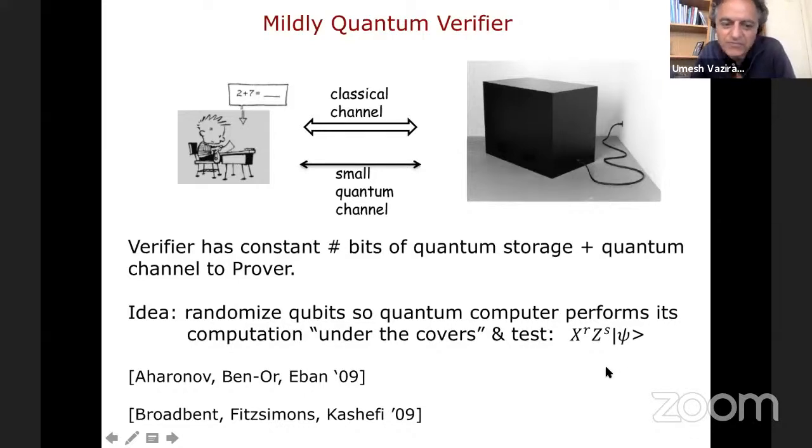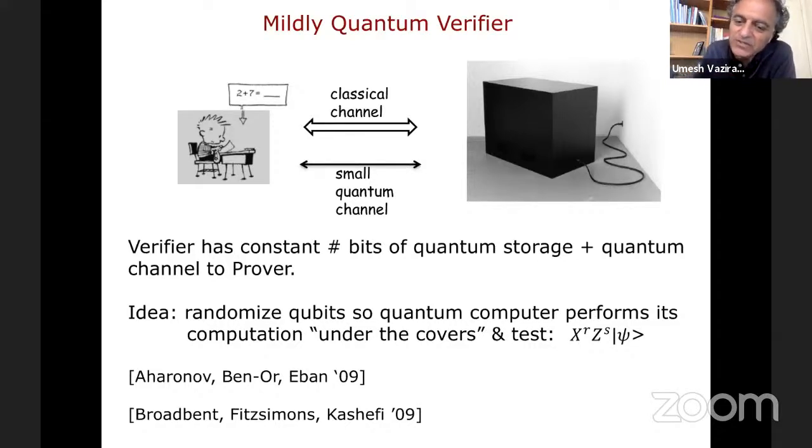which was introduced by Aharonov, Ben-Or, and Eban, and Broadbent, Fitzsimons, and Kashefi, the idea again is to randomize these qubits using the Pauli X and Pauli Z operators, so that the quantum computer actually performs the computation under the covers.